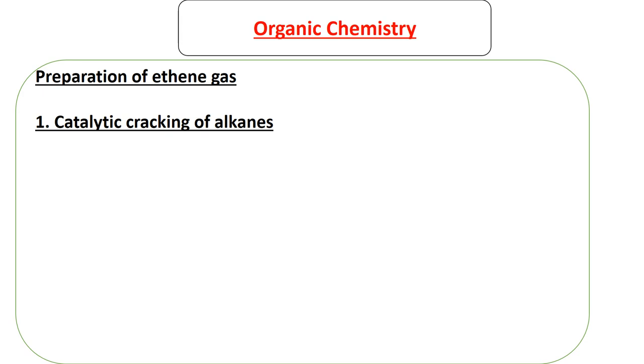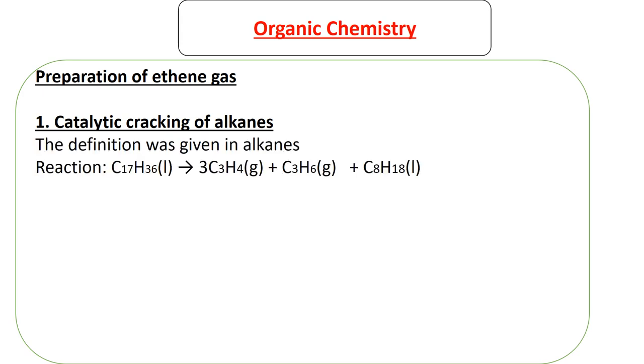We talked about cracking when we were studying alkanes, and in that cracking that I showed as an example, it was revealed that an alkene was formed. So that is actually the method that is used to prepare alkenes. An alkane is cracked to produce alkenes and other substances. Remember, cracking is just breaking a complex molecule into simpler molecules.